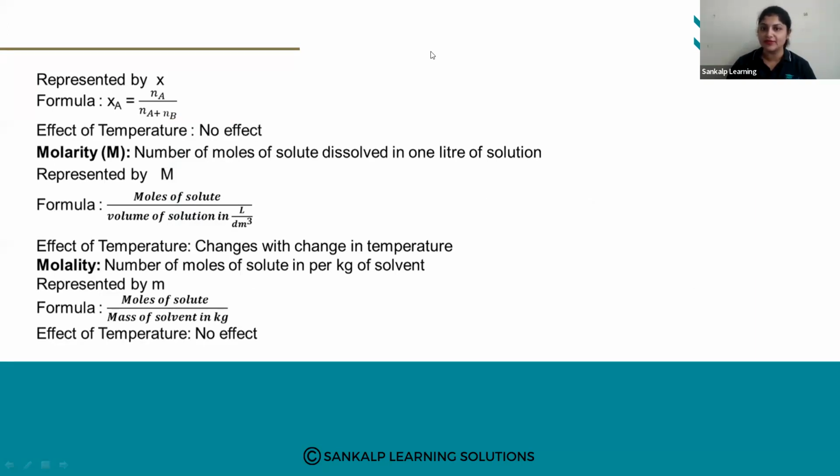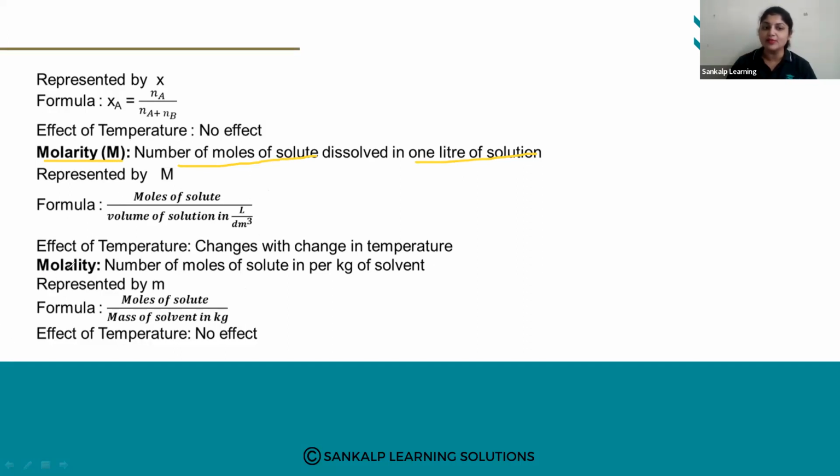Remember the main difference. It is represented by capital M, and is also said as molar. The formula is number of moles of solute divided by volume of solution in liters.